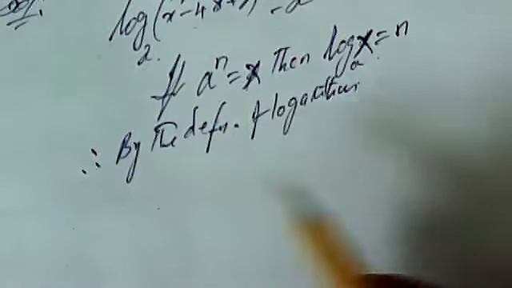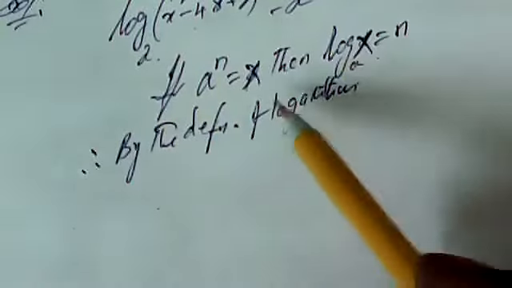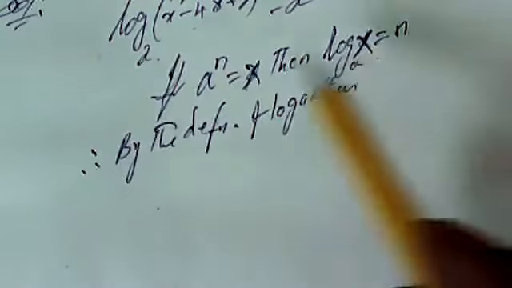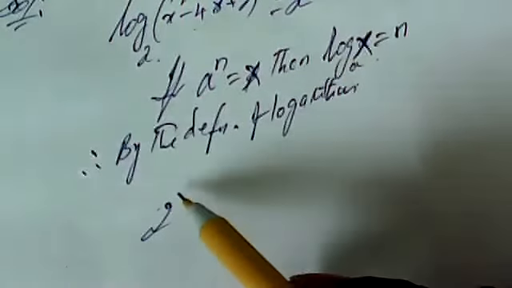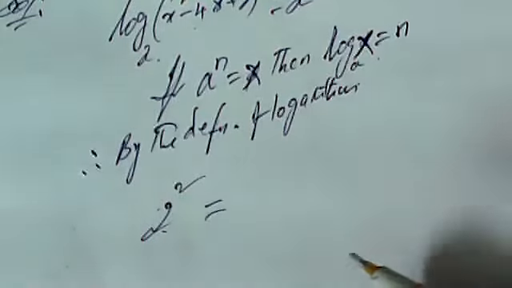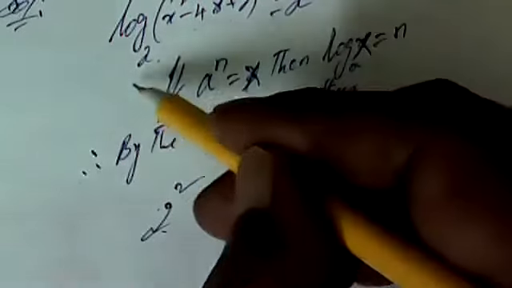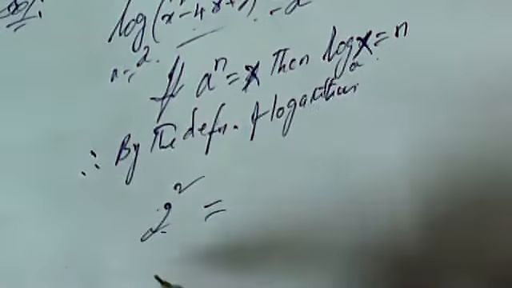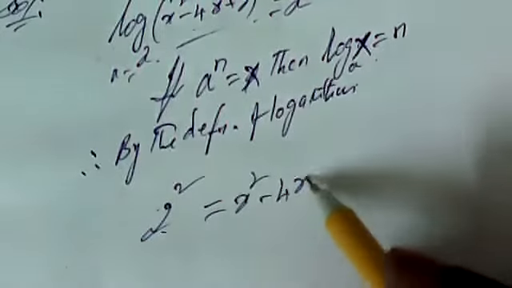A power n is equal to X. The base is 2, power n is 2, and this is capital X. So a power n means 2 power 2 is equal to capital X, that is x square minus 4x plus 2.